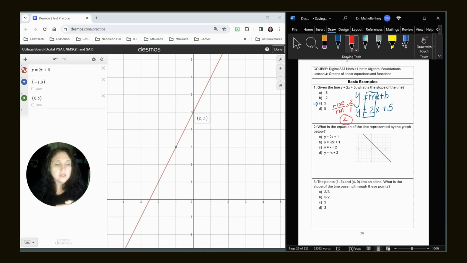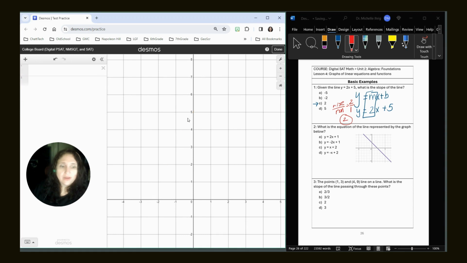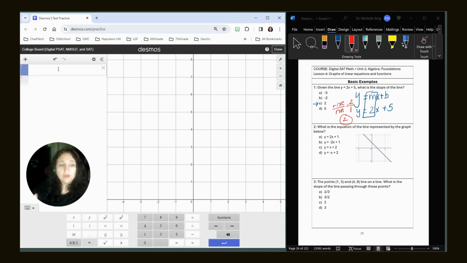What is the equation of the line represented by this graph? Looking at question number 2, we can see in the graph that there are some key points. 0, 2 is a key point, and 2, 0 is a key point. You can just match it up, but if you wanted to, you could also type in the key points because it'll make it easier to see if the graph goes through there.